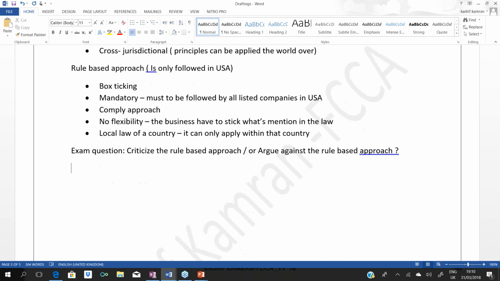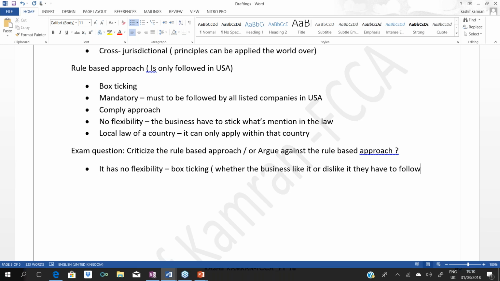Let's make a checklist, something we learned yesterday. A rule-based approach is not good, firstly, because it has no flexibility. That means it's box ticking. Whether the business likes it or dislikes it, they have to follow it.